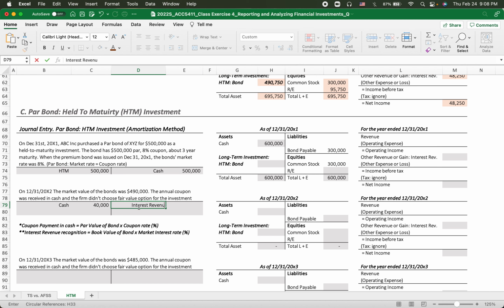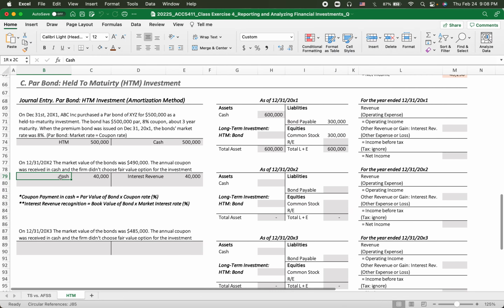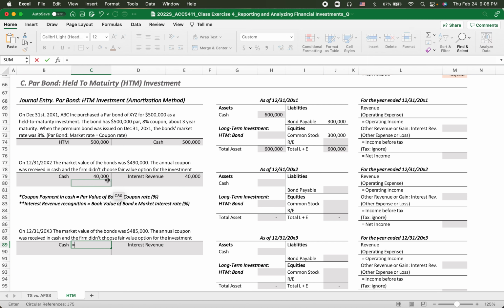Right, $500,000 par value times 8% coupon. Interest revenue is also the same: 500,000, which is the investment amount, times how much was the rate of investment? Still 8%, exactly the same. So one year passed, the same interest revenue and the same amount of this, right?